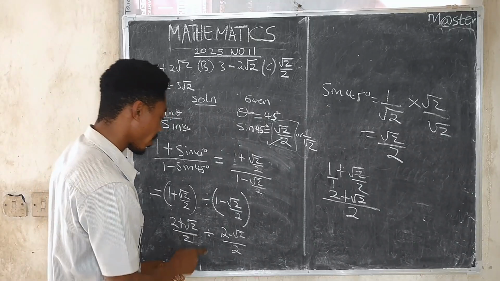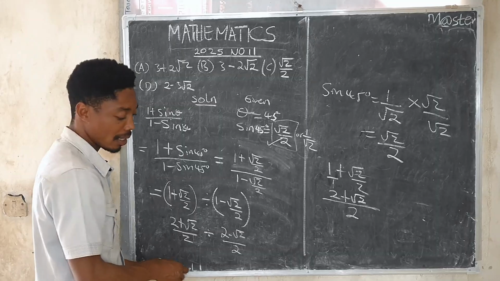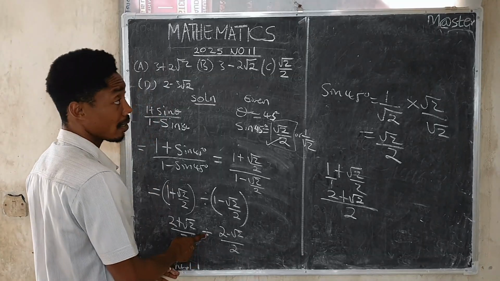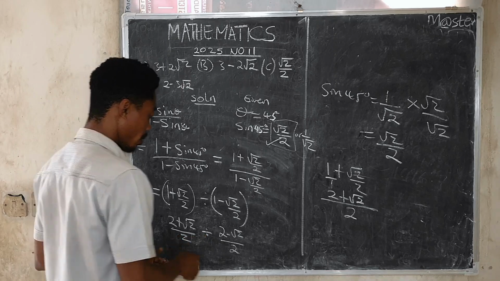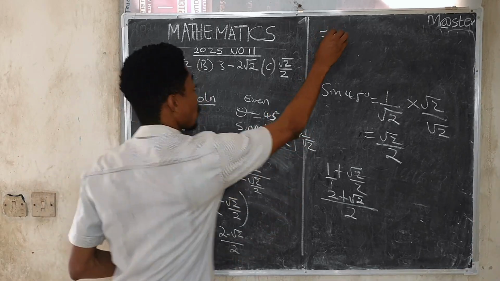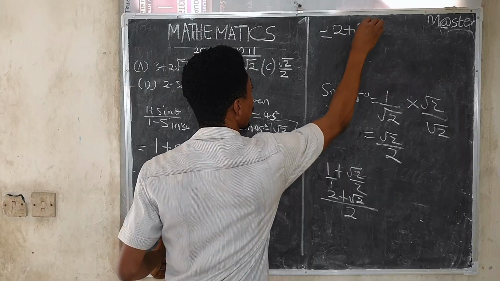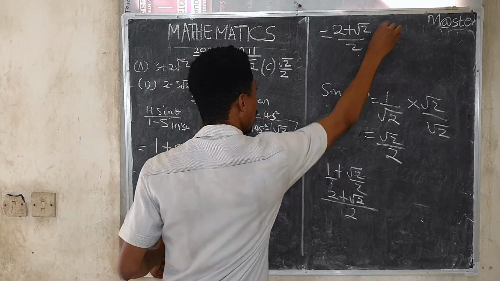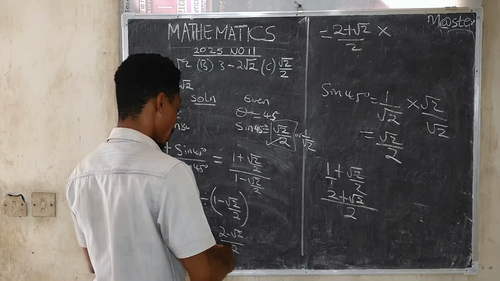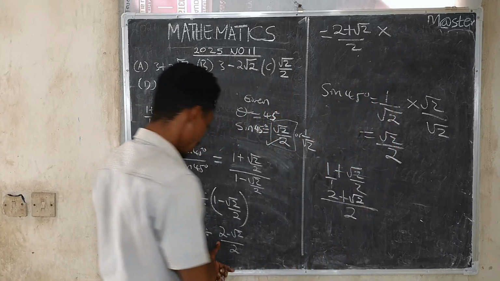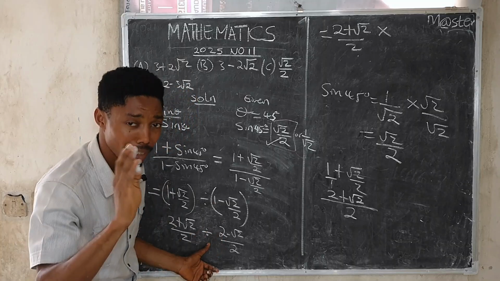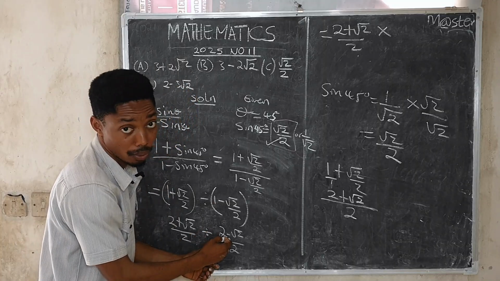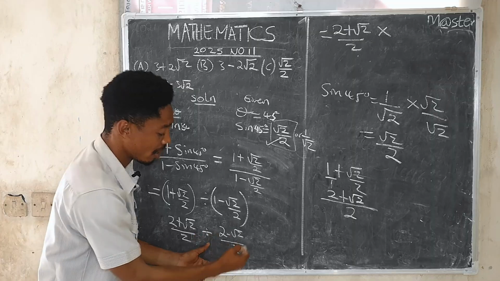From there, I am going to apply a very popular rule, changing that division sign to a multiplication sign. So this is now equal to 2 plus root 2 all over 2 times, when this changes to multiplication, I'm going to take the reciprocal of the term after that.